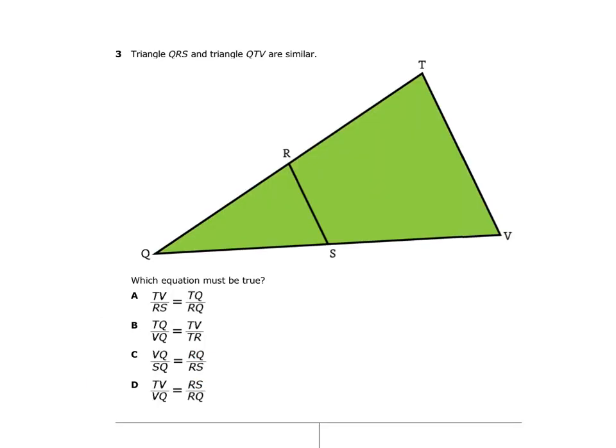All right, we're going to do this one very similar. We have QR, which is here. And we have QT, which is there. Then we have RS, which is here, compared to TV, which is there.